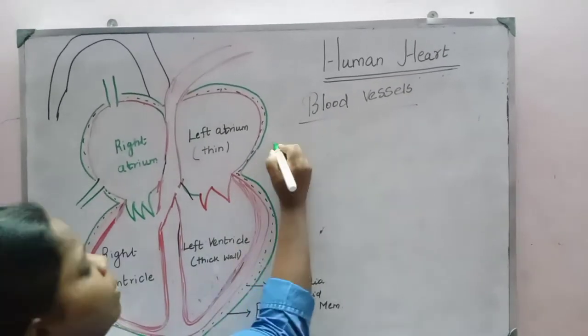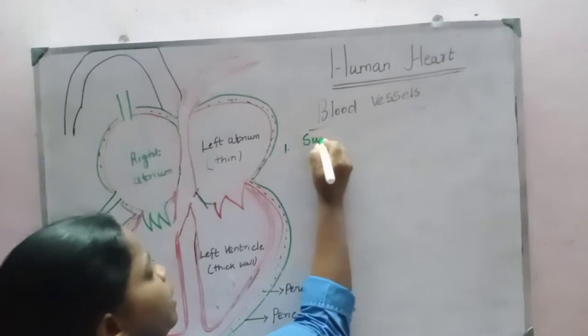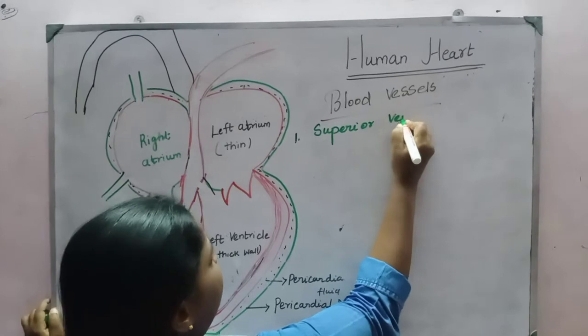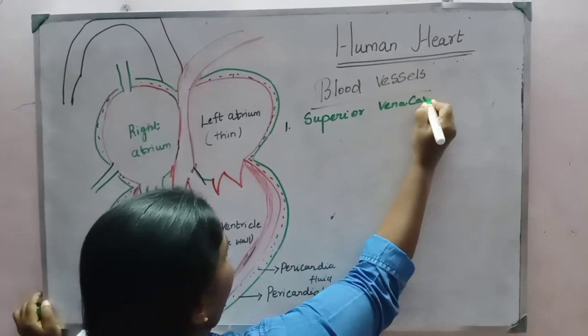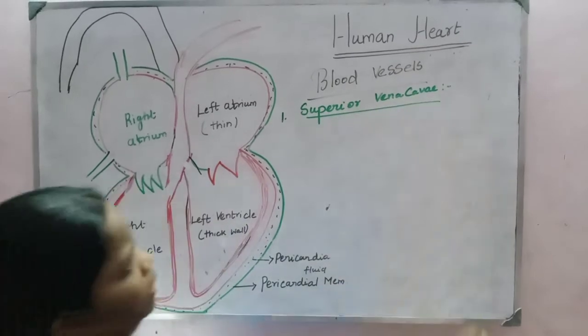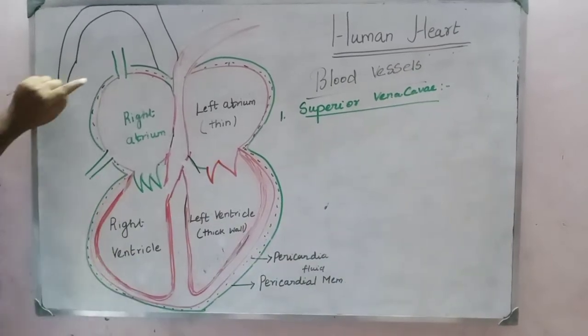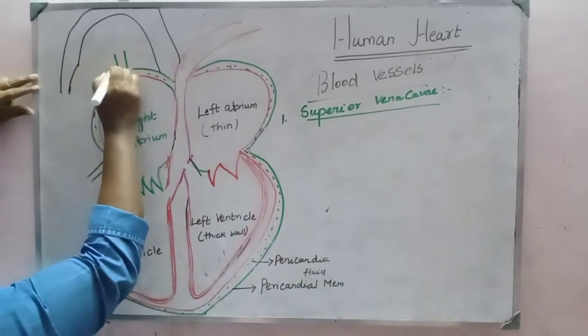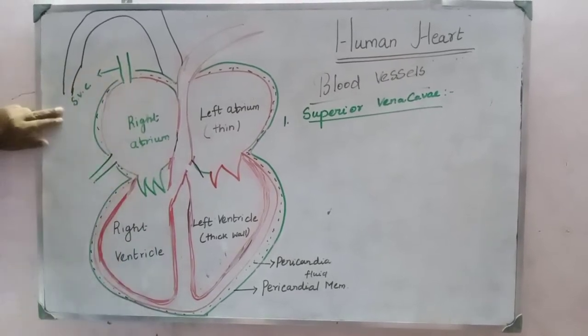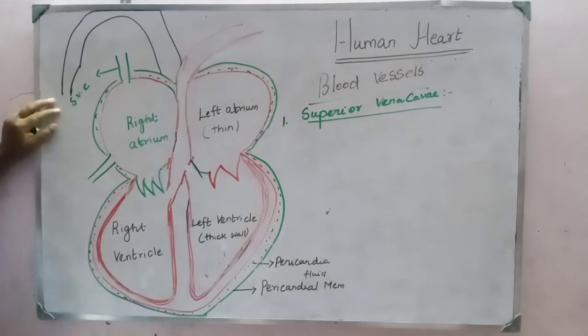Number 1 is called the superior vena cava. Vena cava. See, this is called the superior vena cava. What is the role of the superior vena cava?